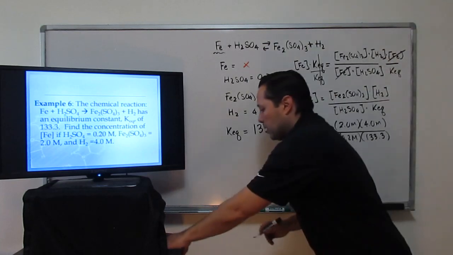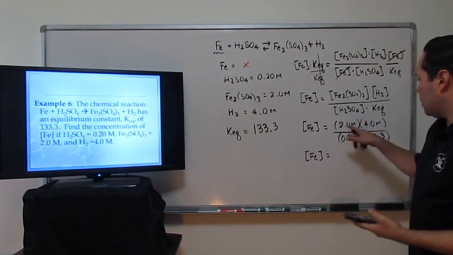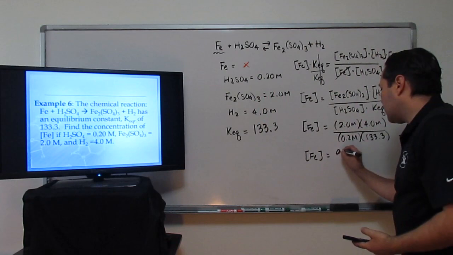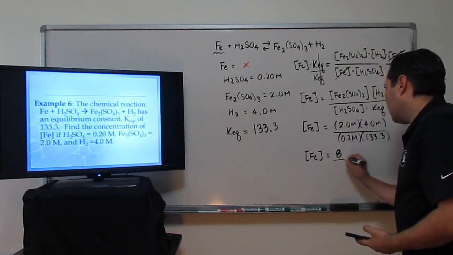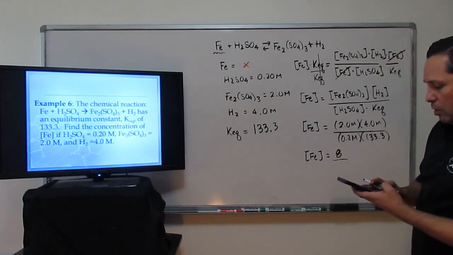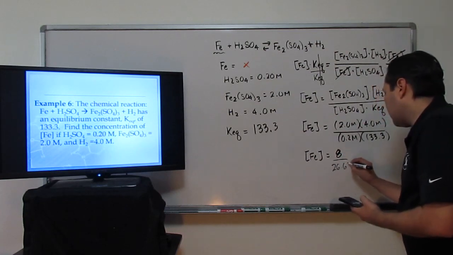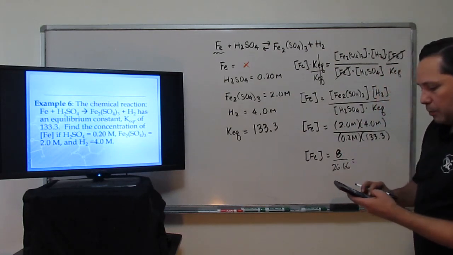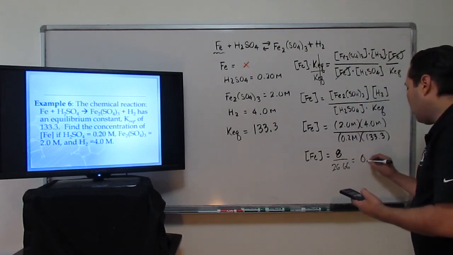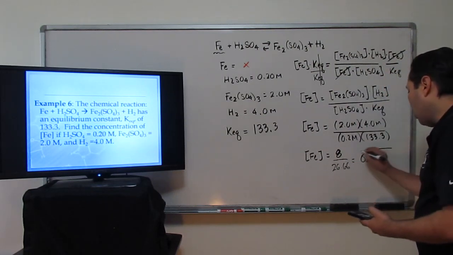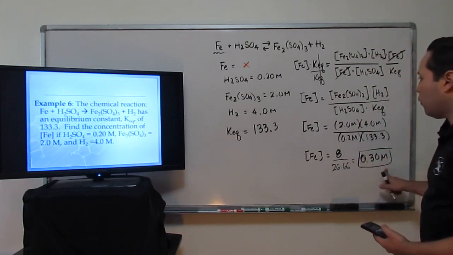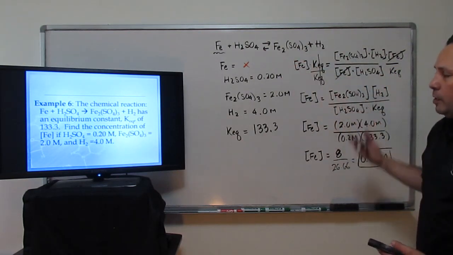I'm going to multiply numerators first. There's going to be 2 times 4, that's just an 8. And then in the denominator, 133.3 times 0.2 gives me 26.66. I divide that, so that's 8 divided by that answer. It gives me 0.30 molar. And that is our answer for the concentration of Fe.